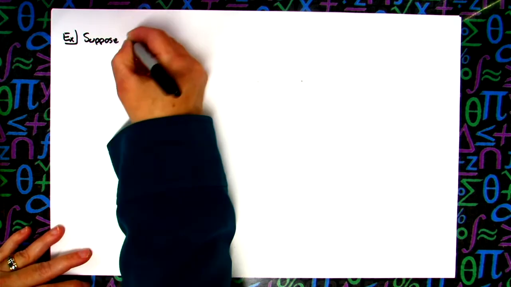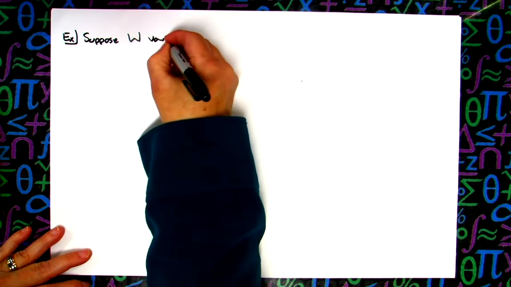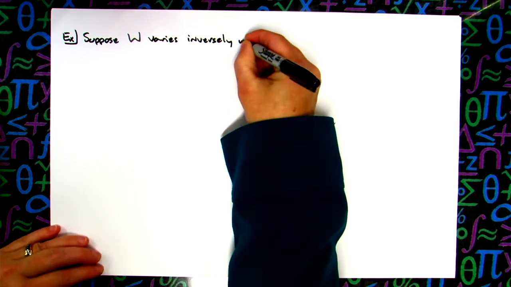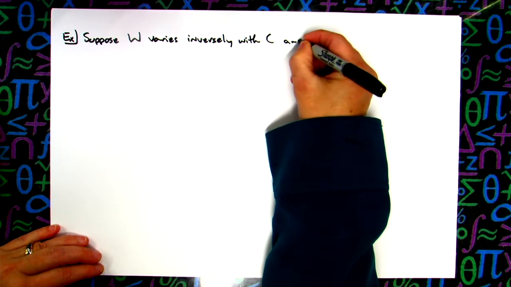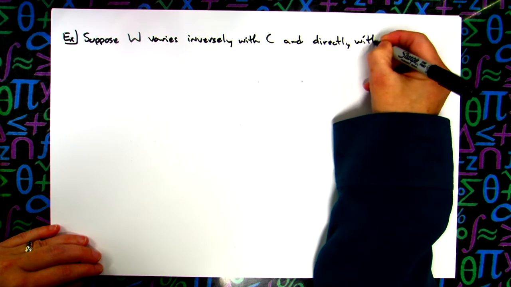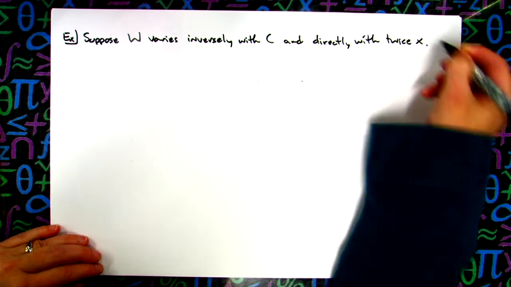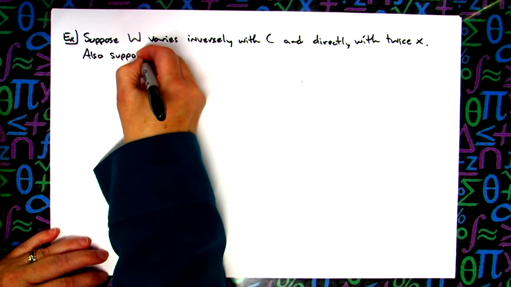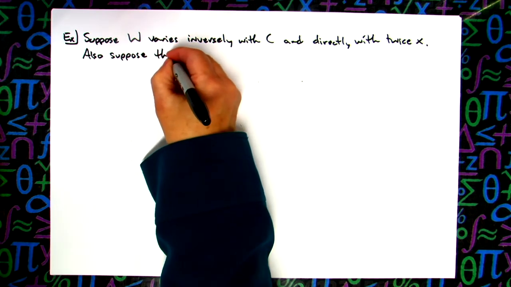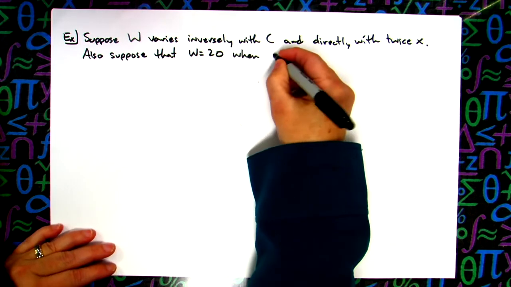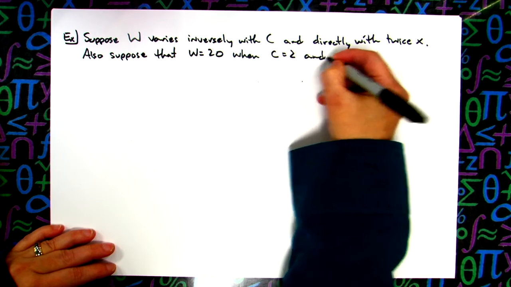All right, let's suppose W varies inversely with C and directly with twice X. Also suppose that W equals 20 when C equals 2 and X equals 4.